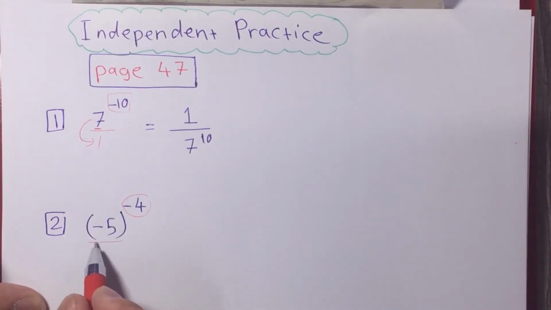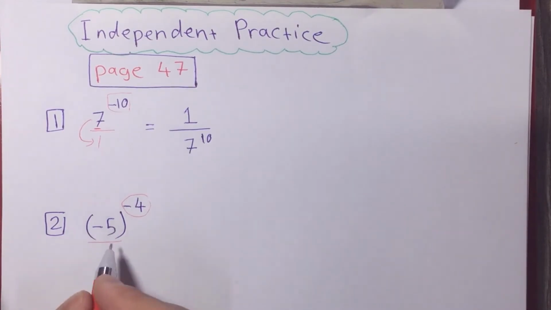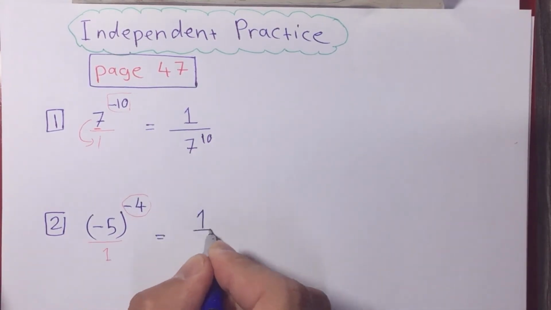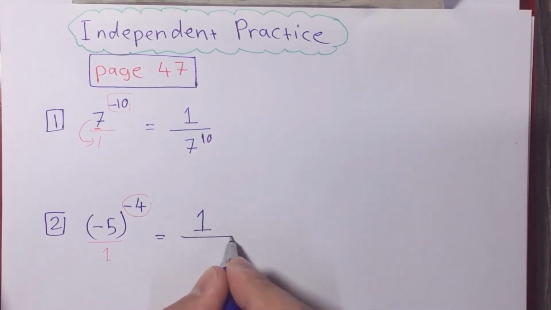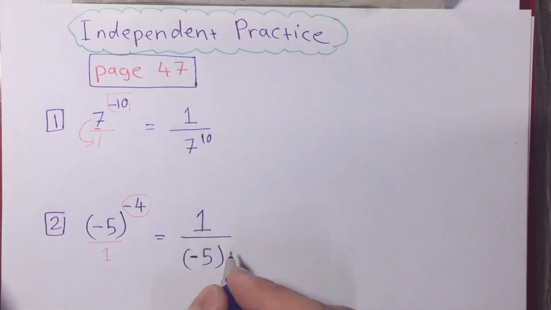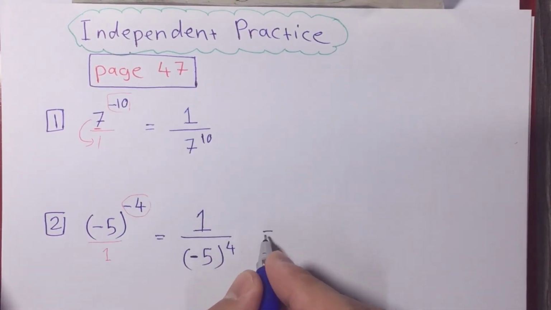We change the place of this number from the numerator to the denominator, where at first it was 1. Then we can write it like this: 1 over negative 5. And now the negative 5 becomes with the exponent of how much? Positive 4.